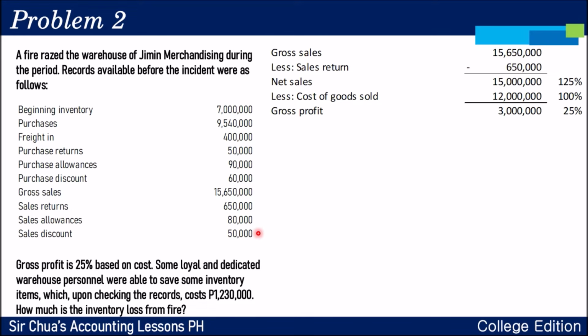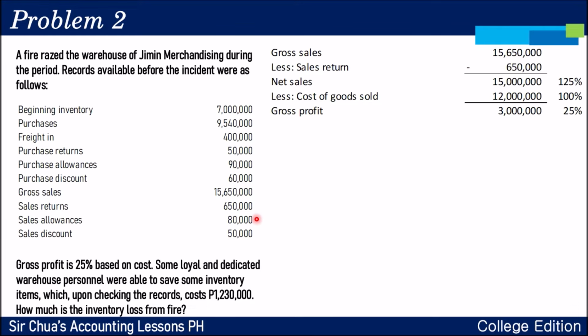Okay. In inventory estimation, hindi po natin kinoconsider yung ating sales allowances and sales discount kasi wala pong physical flow ng goods dyan eh. Ang sales returns, oo, bumalik sa atin yan eh. Binalik ng customer talaga yan. Pero ang sales allowances kasi, balik tayo sa definition ng sales allowances. Nagbigay na lang tayo ng allowance as a deduction to our sales, pero the buyer keeps the inventory although they are dissatisfied. Okay?